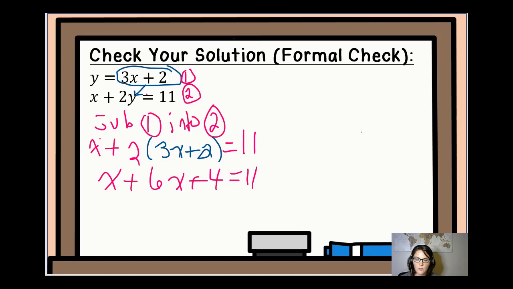And I'm going to subtract 4 from both sides, and I'm going to combine the x and the 6x. So 7x equals 11 minus 4. So 7x equals 7. So x equals 1.